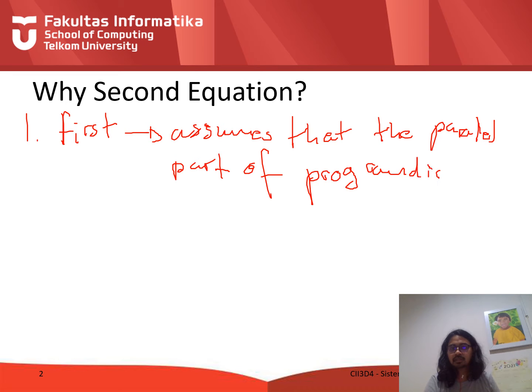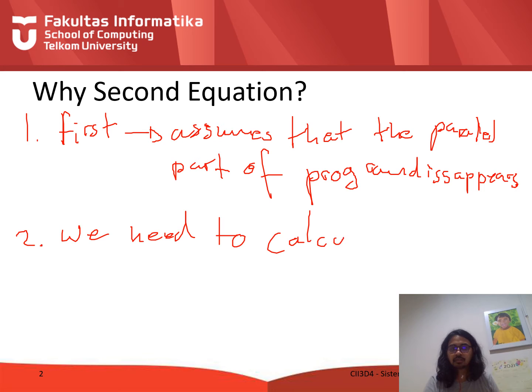It doesn't disappear, it is just divided into smaller pieces. So how do we calculate the smaller pieces? We need to calculate not only the part that disappears, but first we need to take into account the number of cores.